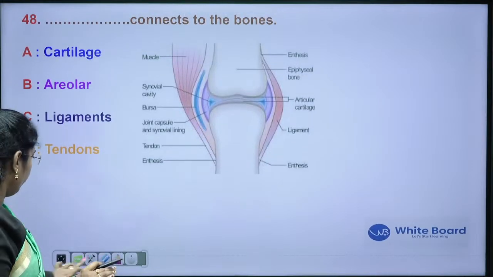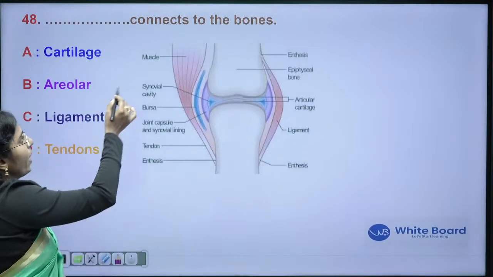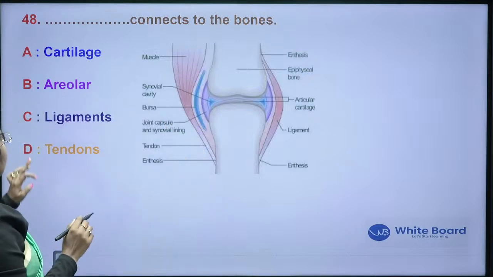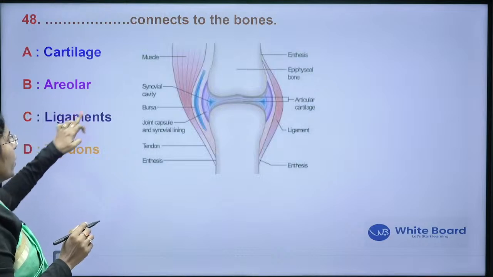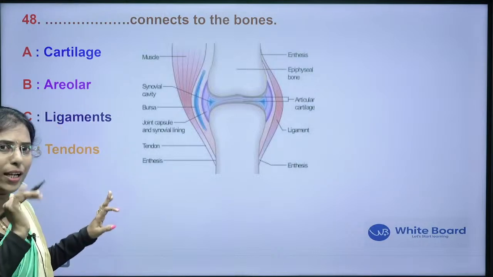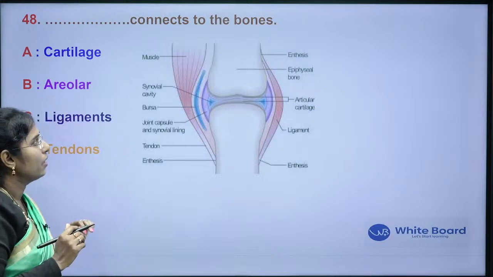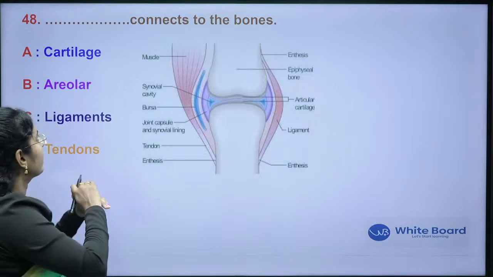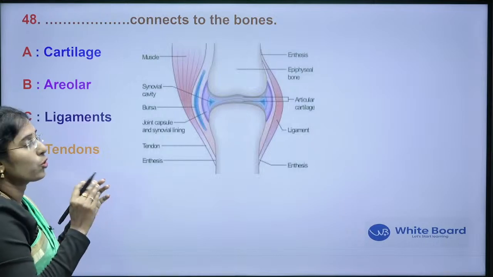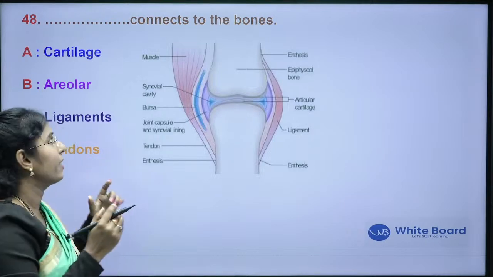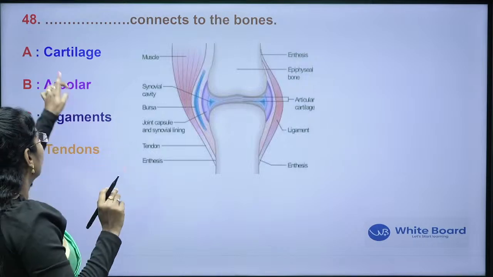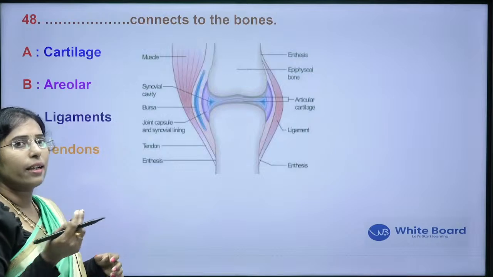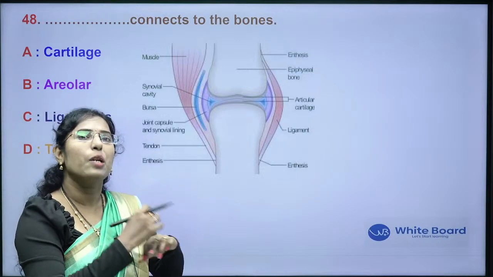Next question: dash connects to the bones. Here they have given cartilage, areolar, ligaments and tendons. Cartilage is very soft and covers the bones, and gives structure to our nose, ears and larynx. Areolar is a connective tissue between the skin and muscle.